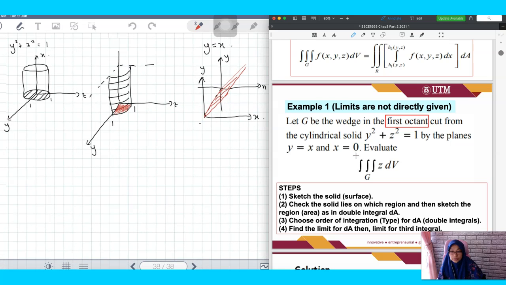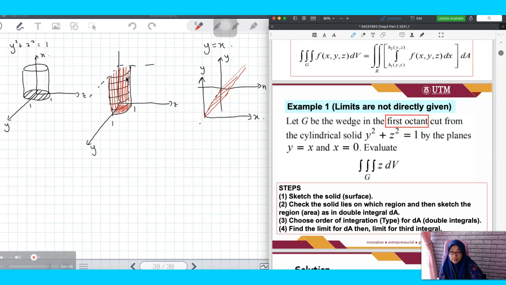Okay, and this one is in the first octant, so it is understood that we can close the plane at the back here. It is closed, and the plane on the side wall here is also closed.